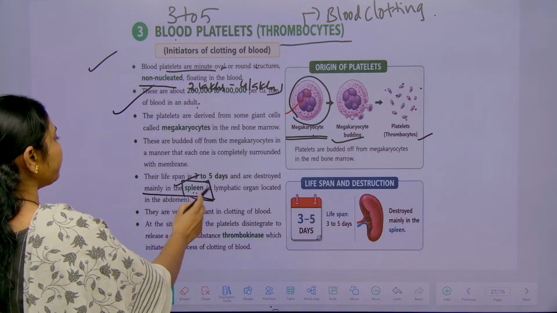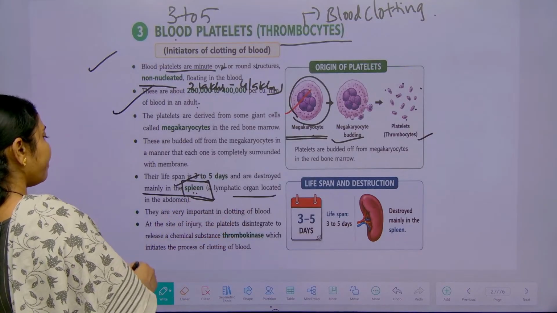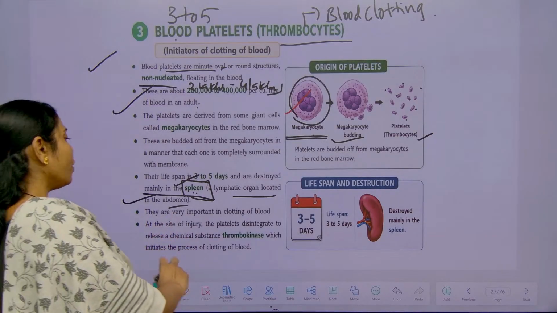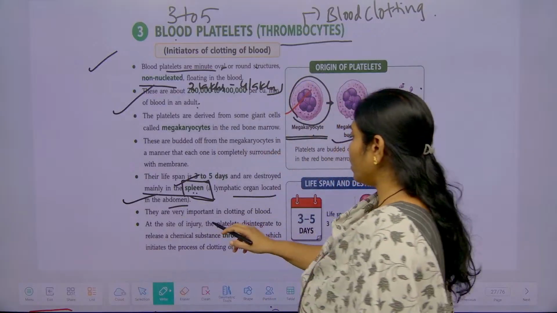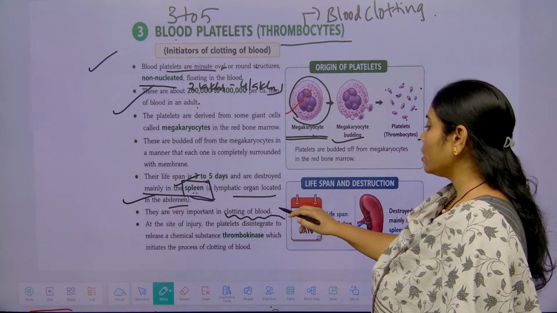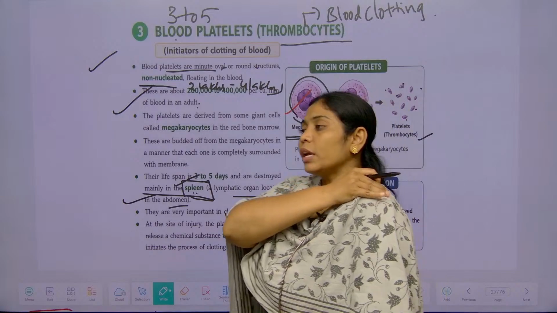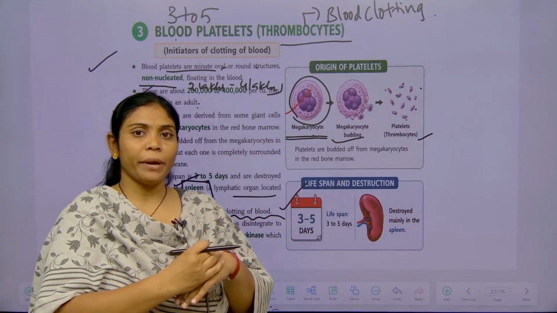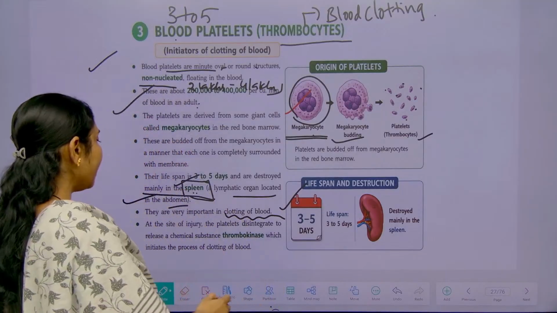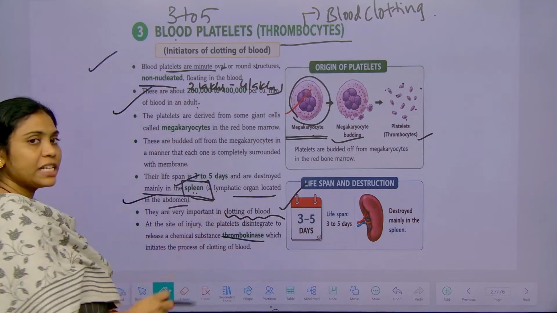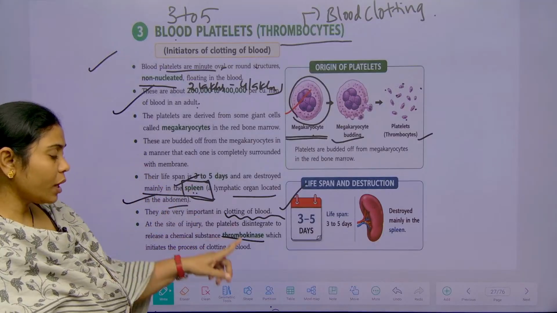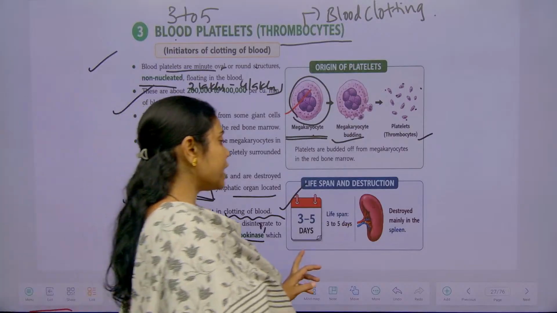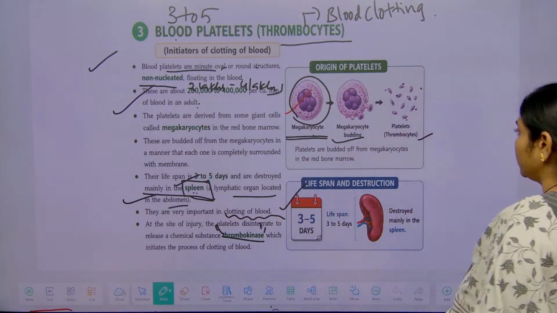Where they are destroyed is mainly the spleen. Where is this spleen located? It is a lymphatic organ located in the abdomen region. As we discussed, platelets are very important for the blood clotting process. Whenever an injury occurs and a cut happens, immediately the platelets and the damaged tissue start releasing thrombokinase.